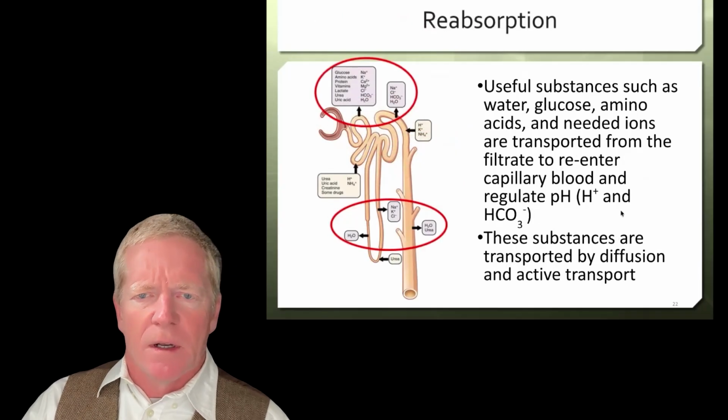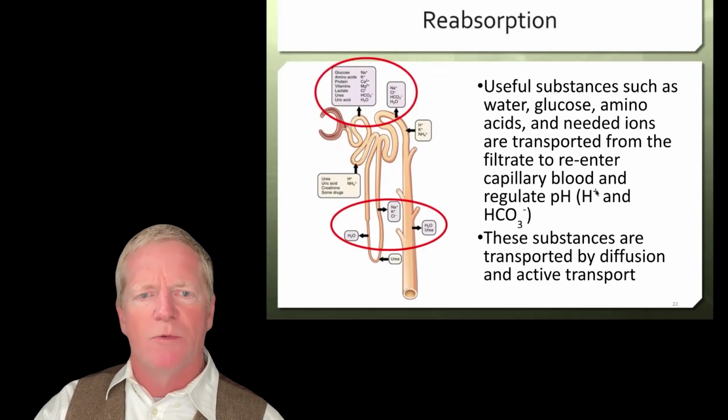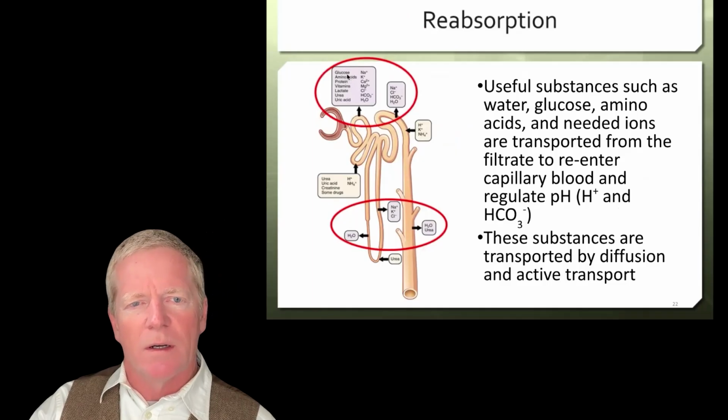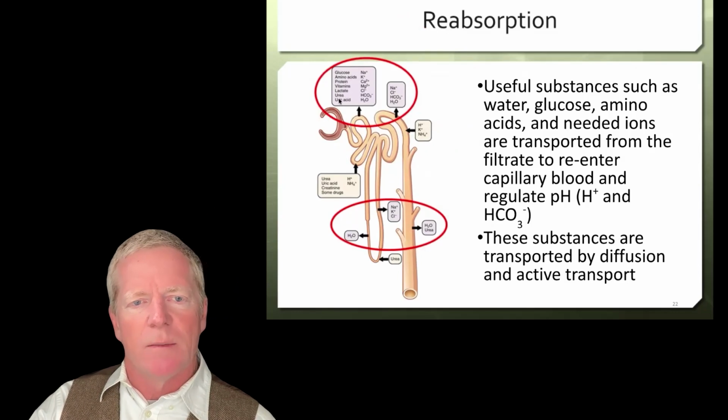Because a lot of the chemicals that your body needs are lost into the filtrate, your body then starts to reabsorb the things that we need. That includes reabsorbing glucose, reabsorbing sodium, reabsorbing amino acids, reabsorbing any lost proteins, reabsorbing vitamins, reabsorbing lactate, reabsorbing some of the urea and some of the uric acid.